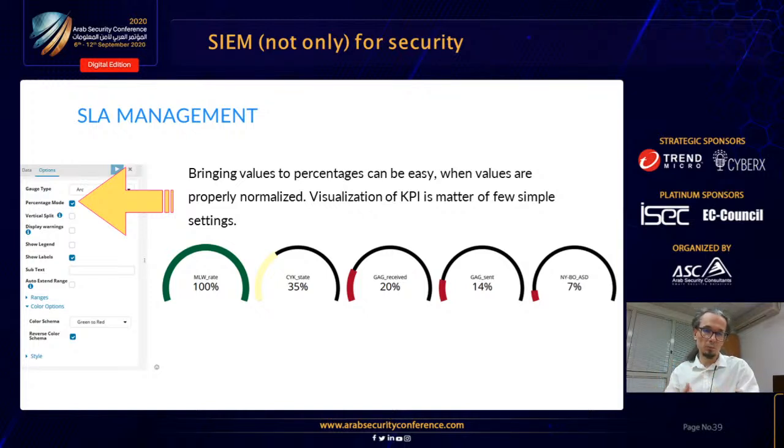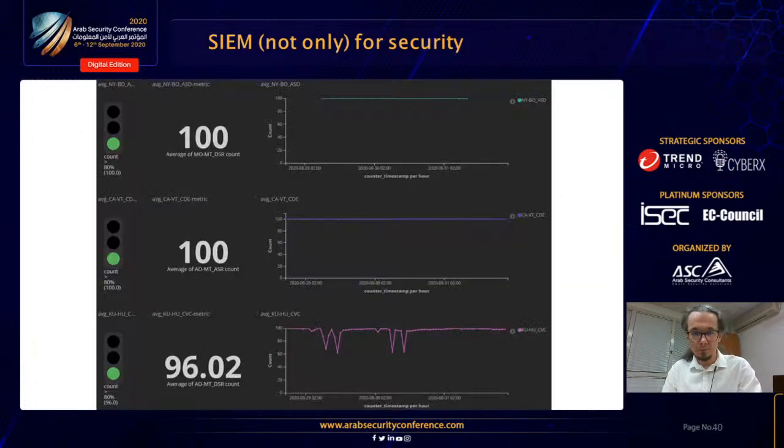To remove that problem, we have the percentage mode, where we can bring all the values to percentages in the visualization, and then we can, with the naked eye, say that this is below the expectations, this is all right, and this has to be immediately fixed. Bringing values to percentages is really easy, and the visualization is then more readable. So those are use cases for KPI calculations and SLA management.